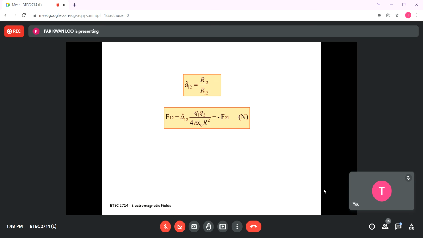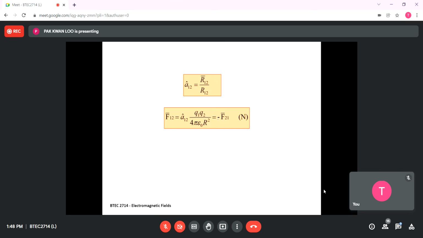All right. If F12 refers to the force exerted from the charge Q1 onto the charge Q2, it is equal to this formula, and it is equal to the negative of the force exerted from Q2 to Q1.